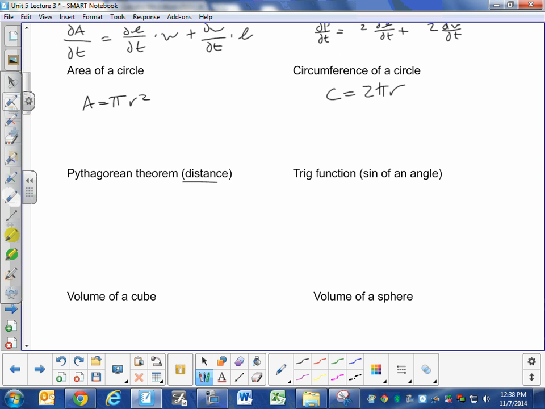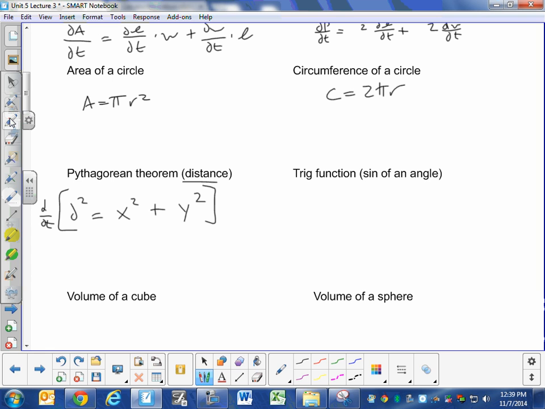If I want to find the distance between two things, we use the Pythagorean theorem. You want to find the distance from point A to point B. Well, that distance squared will be equal to your x squared distance, your horizontal distance squared, plus your vertical distance squared. And you can take the derivative with respect to t of that.